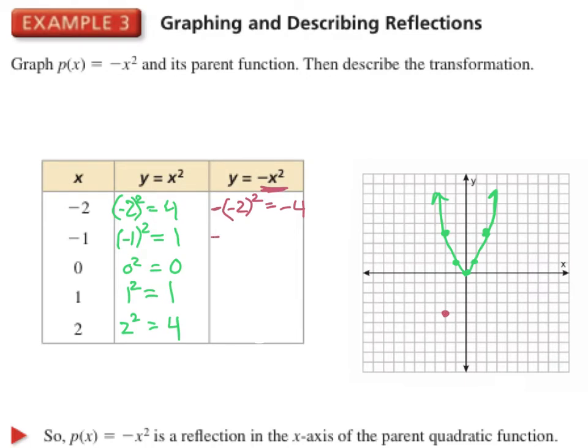We do the same thing for -1, so we have negative times -1 squared, which is -1. So we go to the left 1 and down 1. 0 squared is just 0. What about 1 squared? -1. And 2 squared? -4.